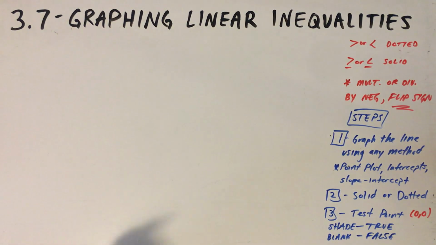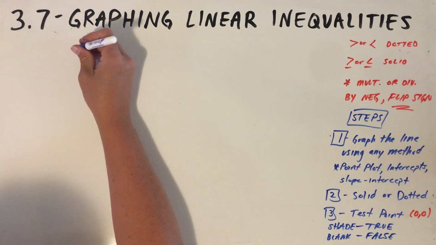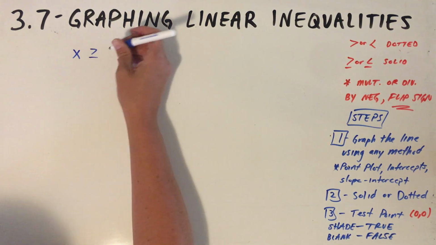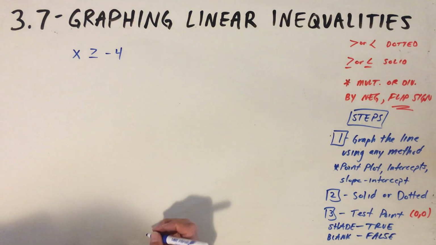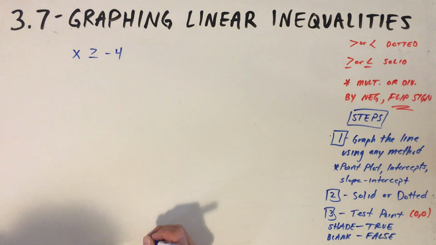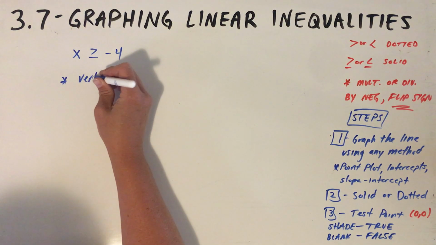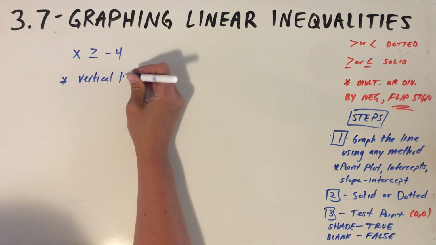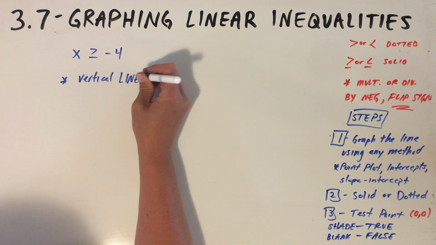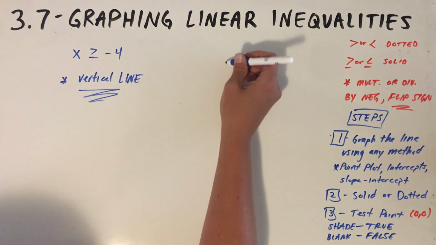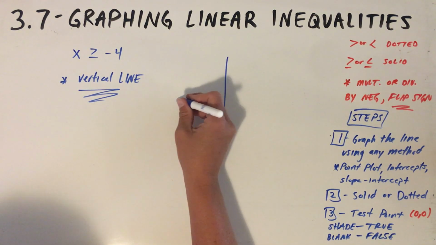Let's say I want to graph the inequality x is greater than or equal to -4. Okay, well, I should recognize this by now. This is a vertical line. Okay, it's a vertical line, and I should know this. So what does this vertical line look like?